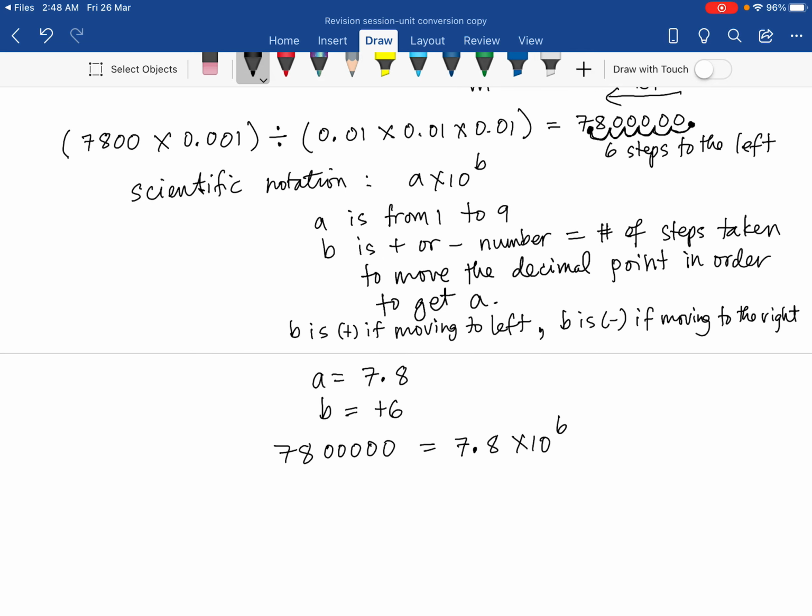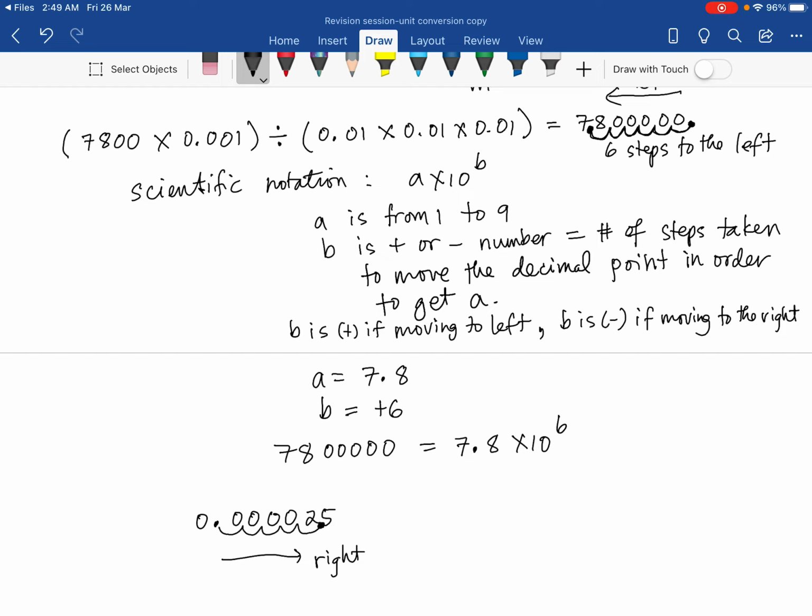So if it was a small number, say 0.00025, for example, and you want to write that in scientific notation, okay, the decimal point is obvious now. Decimal point is here, but you need to move that decimal point to the right until you get a number from 1 to 9. So you go 1, 2, 3, 4.